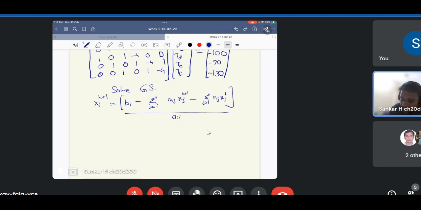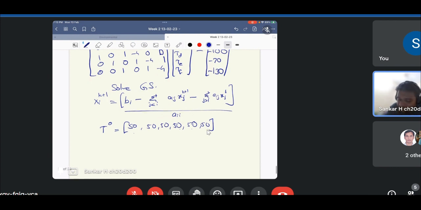So what we need is an initial matrix x naught, or in this sense we would require T naught, and that is given by 50 everywhere: 50, 50, 50, 50, 50, 50. So we have an initial guess for TA, TB, TC, TD, TE, TF given in this form.